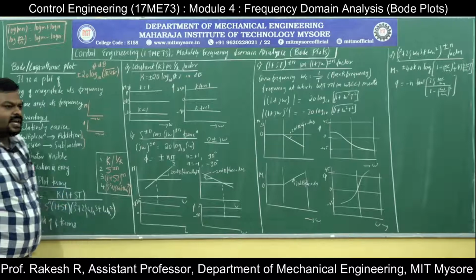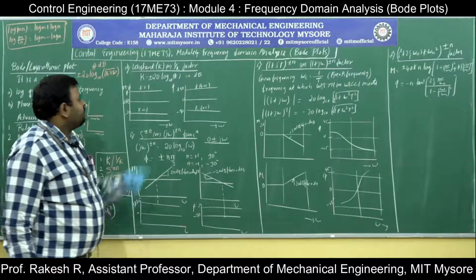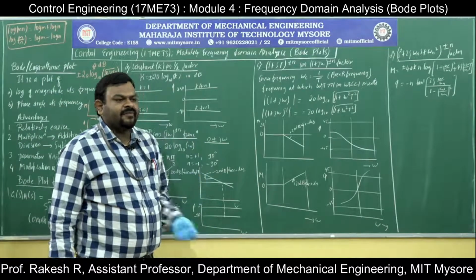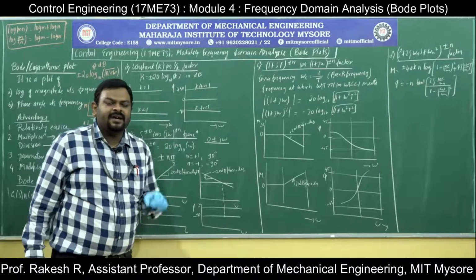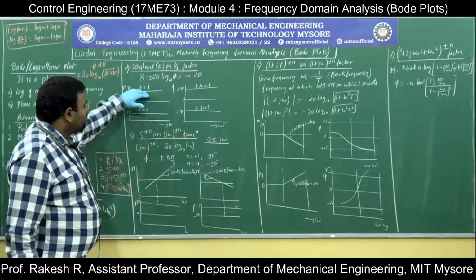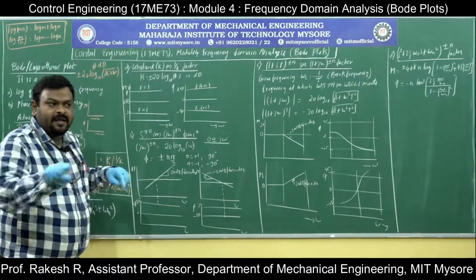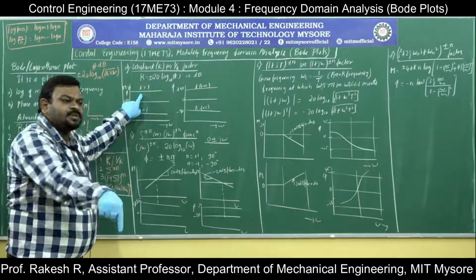And we need to analyze what are the characteristics of each term. Let us take the first term, that is a constant term. The constant term is independent of frequency, hence the plot will be a constant. Whenever the value of k is positive, it should be above 0. Whenever the value of k is negative, it should be below 0. But remember, you have to plot the value of k in terms of log scale.